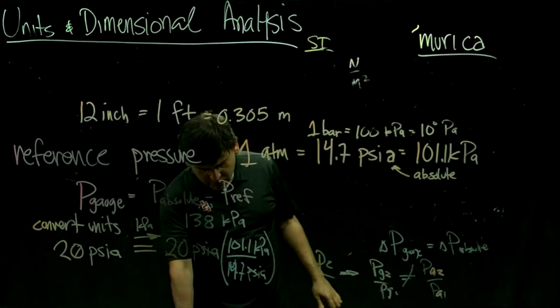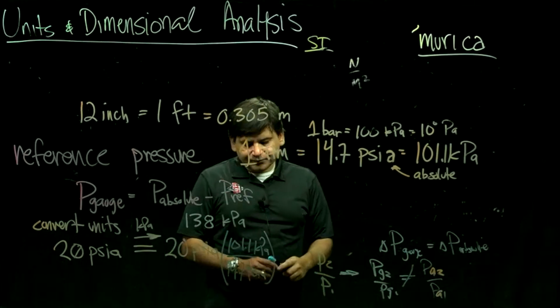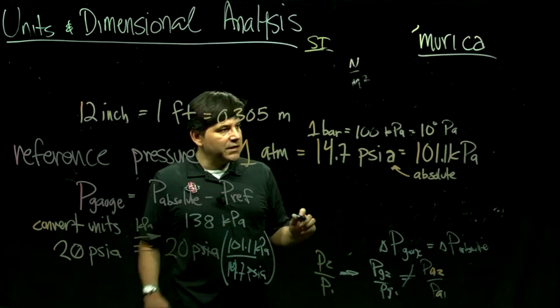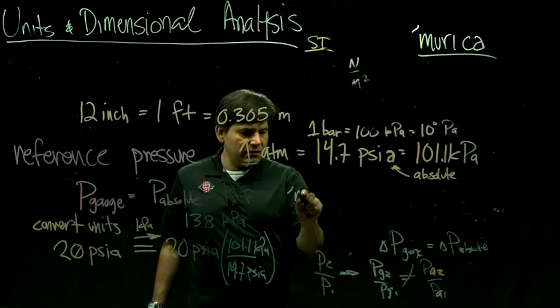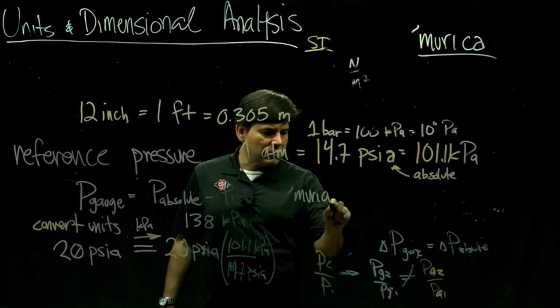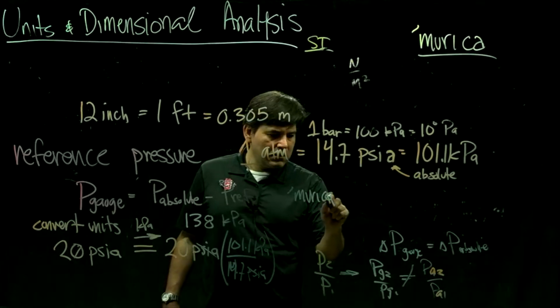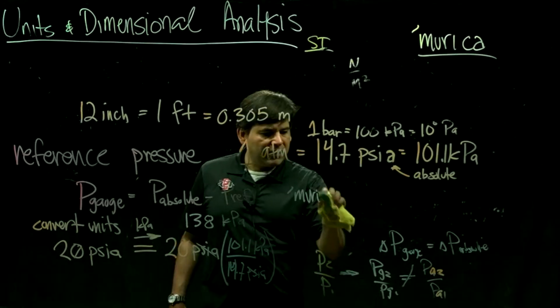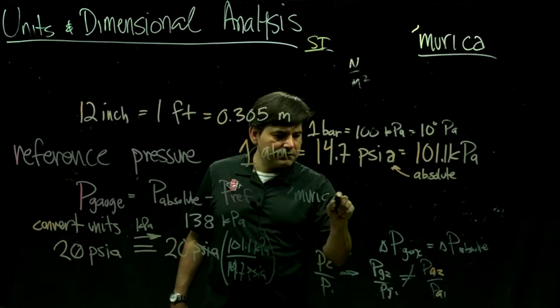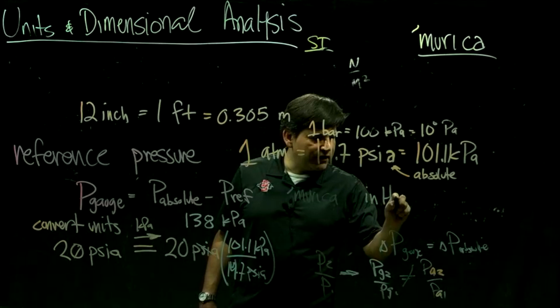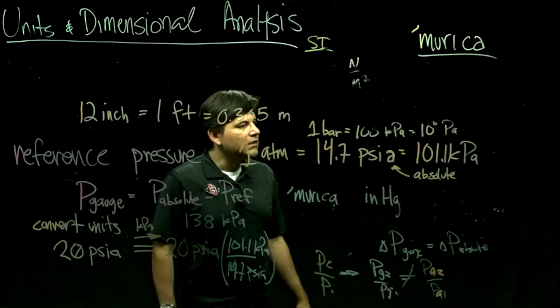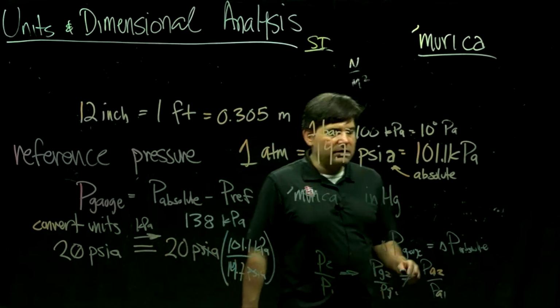So, in terms of units, a common unit in America for gauge pressure is inches of mercury.